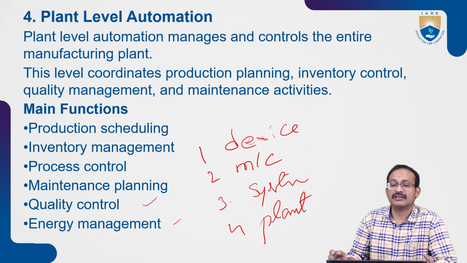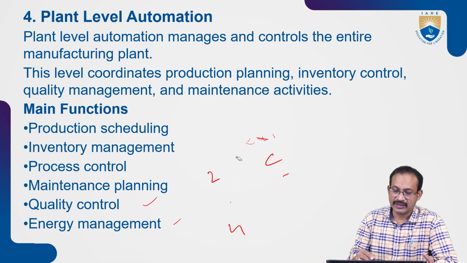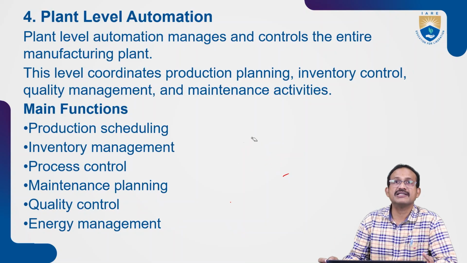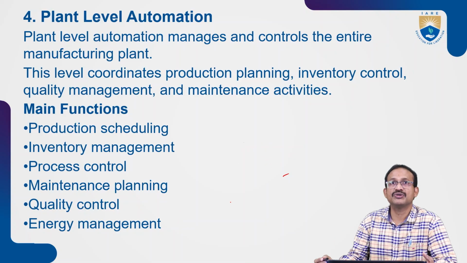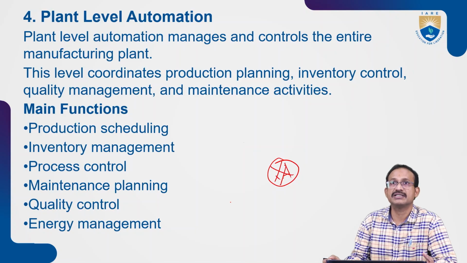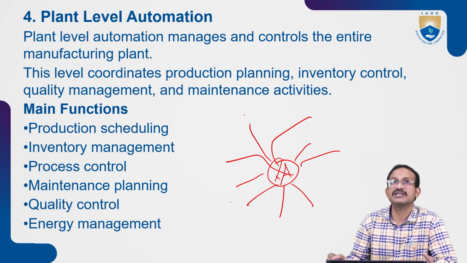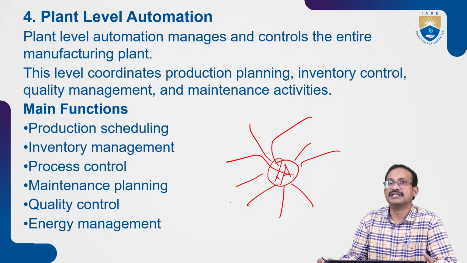Here the automation is among various machines, and even with the inventory management and production scheduling departments, and even process control centrally, on a central database and central coordinate system, which will perform or give communications to various machine tools in the entire plant system.